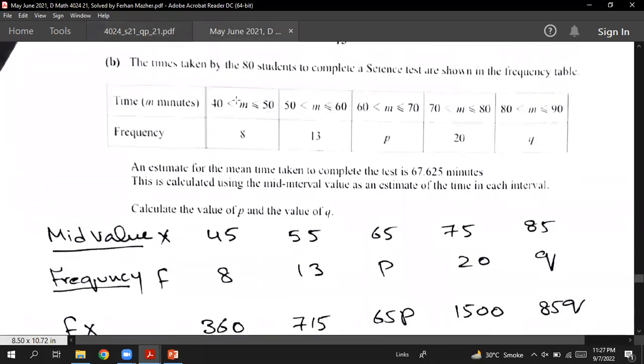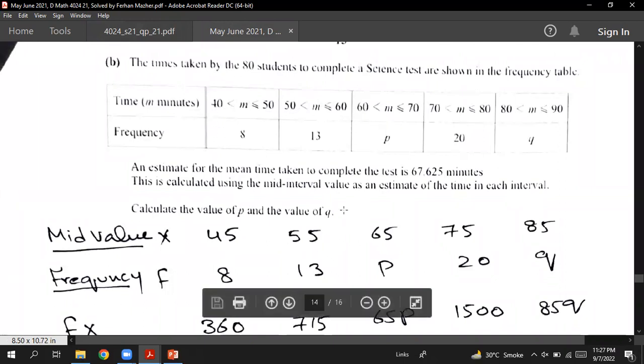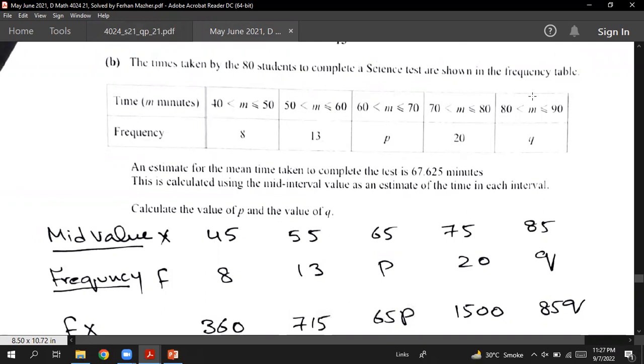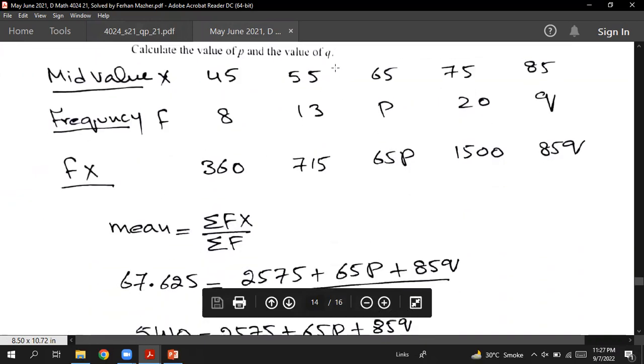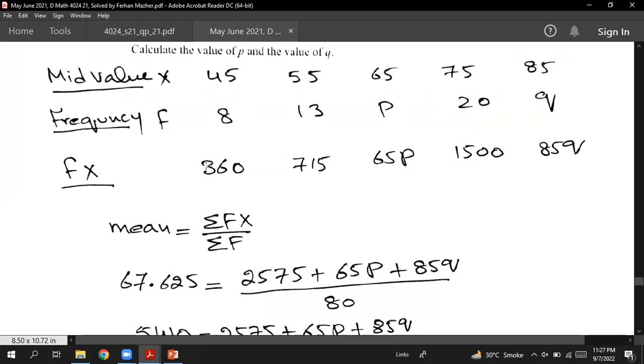And here we go. So the mid values of these classes: the mid value will be 45, its mid value will be 55, its mid value will be 65, its mid value will be 75, its mid value will be 85. These are the frequencies. You multiply the mid value with the frequency, you get the Fx.